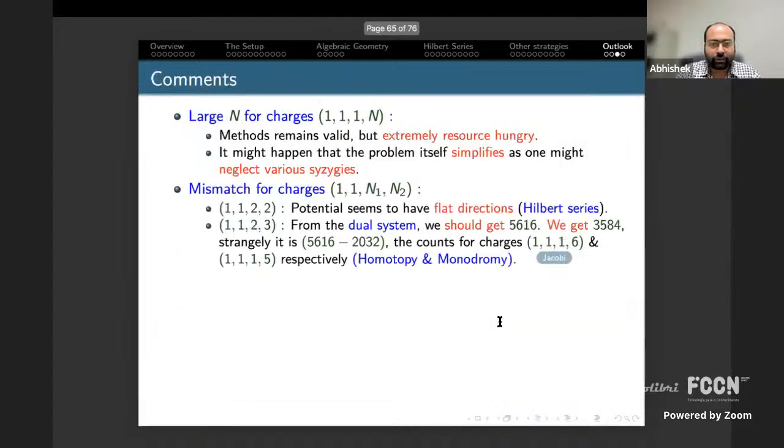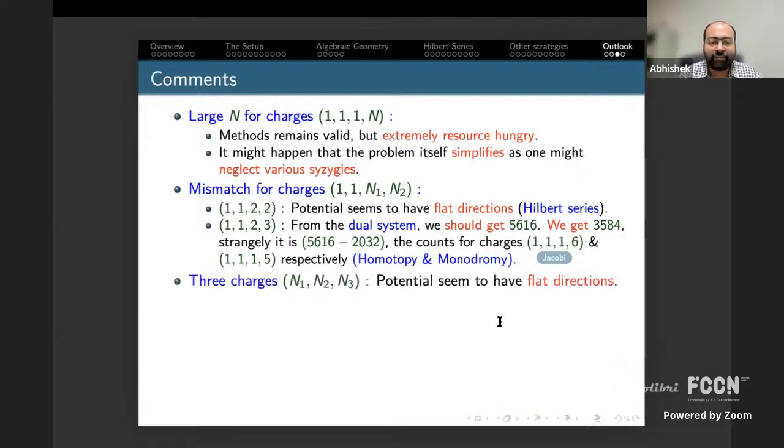So we can go for the 1-1-1 cases and higher, but more interesting things happen if I now go for 1-1-N1, N2. If I switch on two abelian charges, for example, 1-1-2-2 or 1-1-2-3, here somehow things are not working out as expected. And it is not working out in a very precise way.